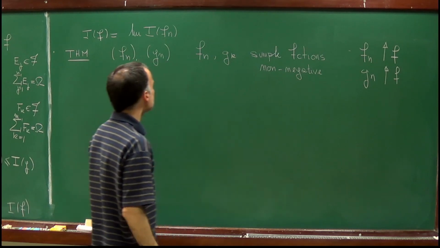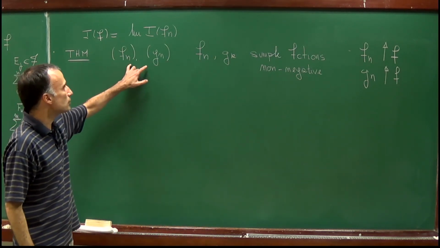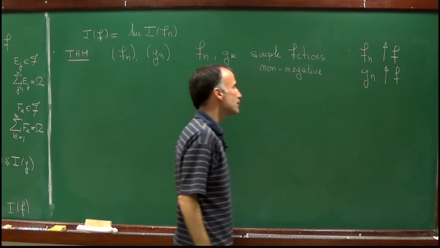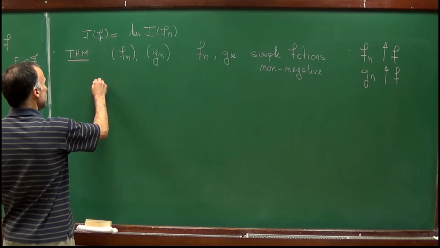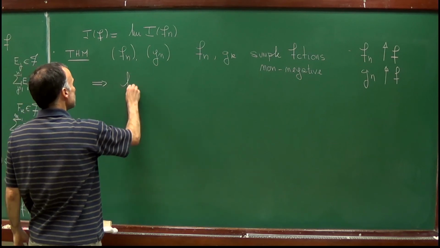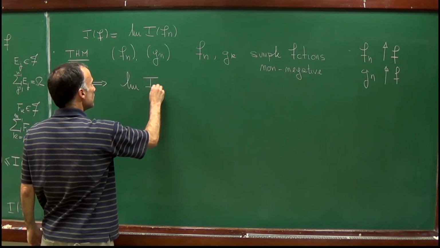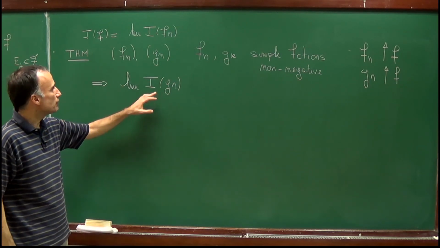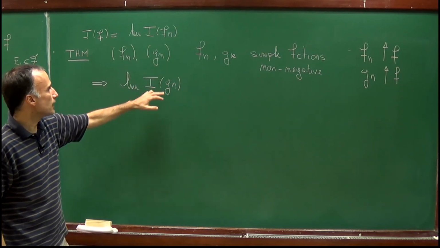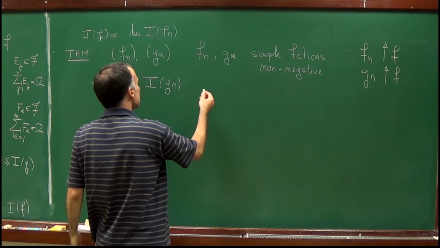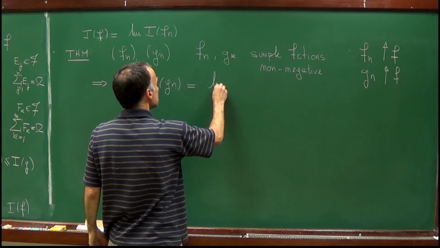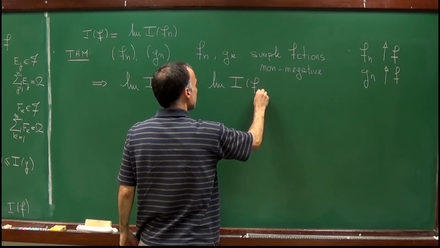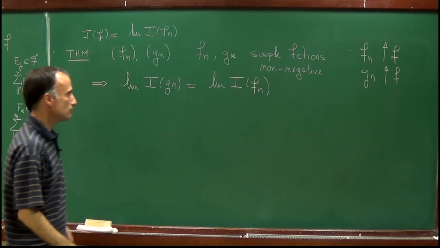Right? So these are our assumptions. We consider two sequences of simple non-negative functions which both increase to f, and we want to show that the limit of I of gn, which always exists, can be plus infinity, but it exists because we've seen that I of gn is a non-decreasing sequence, that this limit is equal to the limit of I of fn.